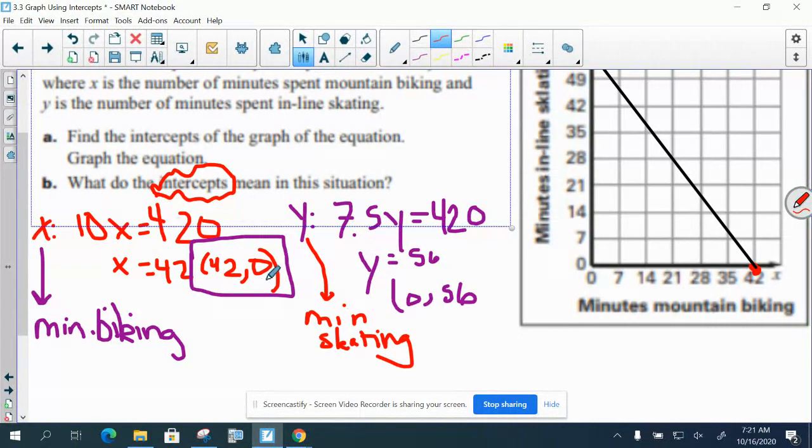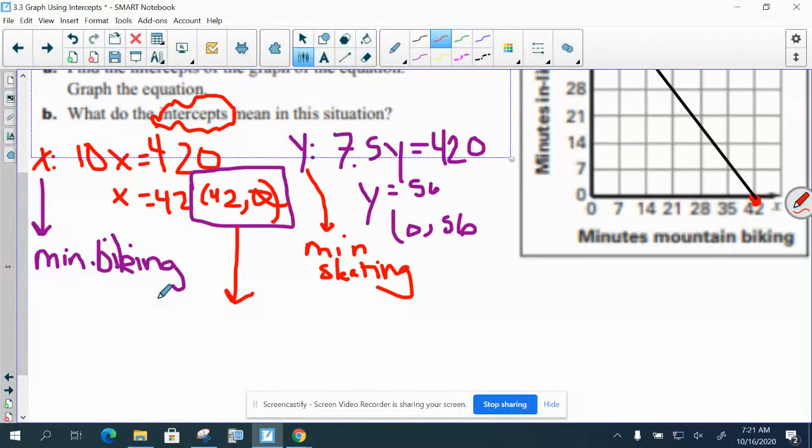So (42, 0) means that if you spent all of your time biking, in 0 time skating, that's what the 0 means, then you would spend 42 minutes biking to get to the 420 calories.